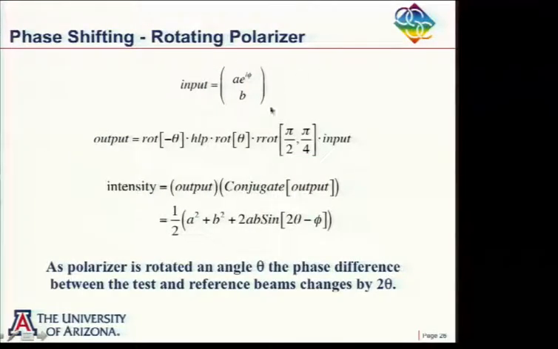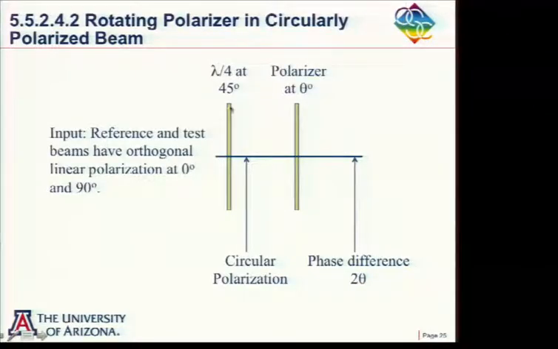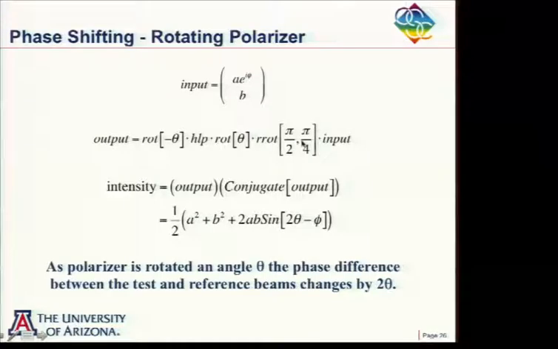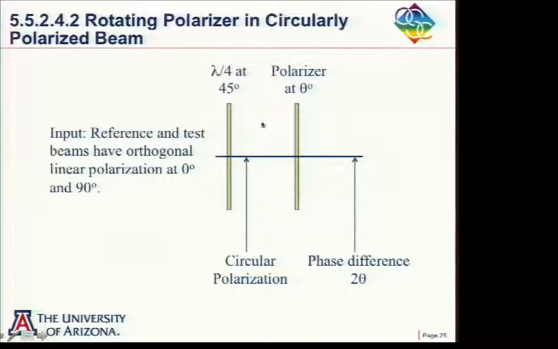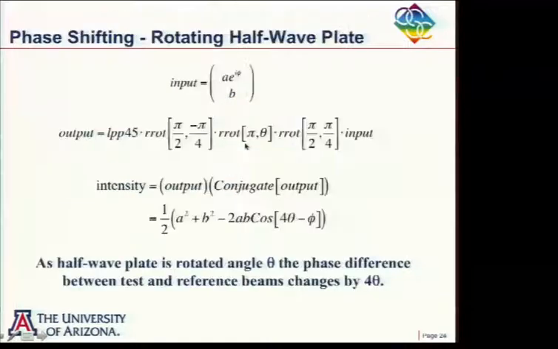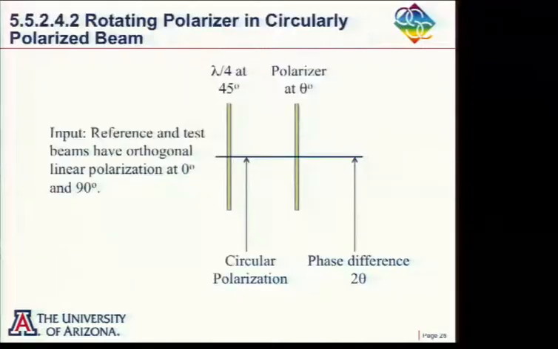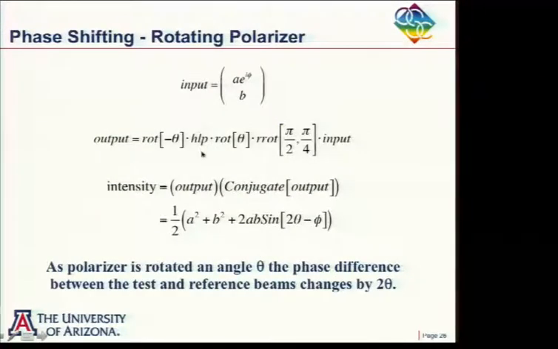So let's look at the Jones calculus for that. So again, this is my input, linear polarization, and the phase phi we want to measure. And then I put this through my quarter wave plate at 45 degrees. And then I put that through my polarizer here, oops, better get the right direction here.